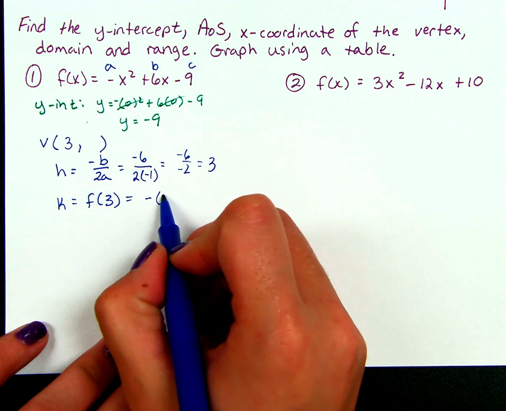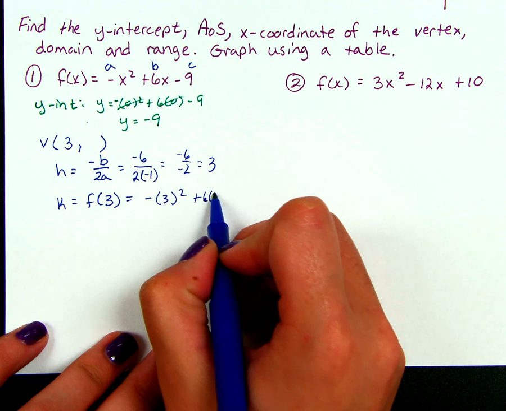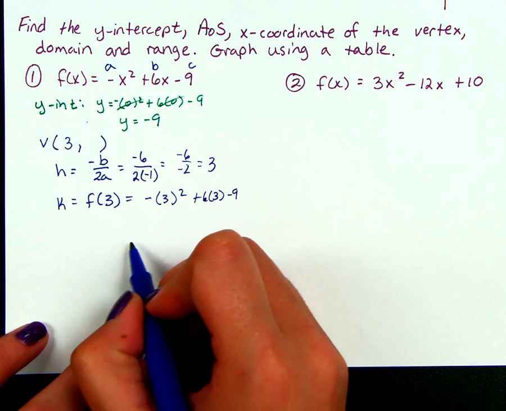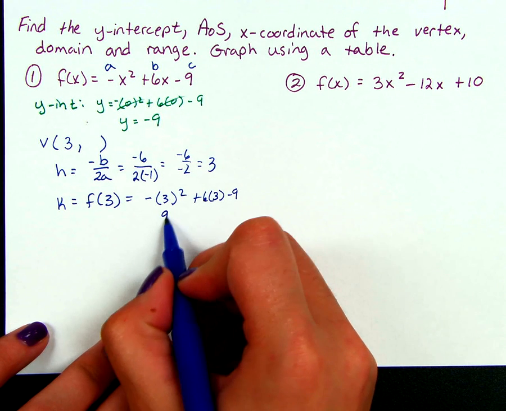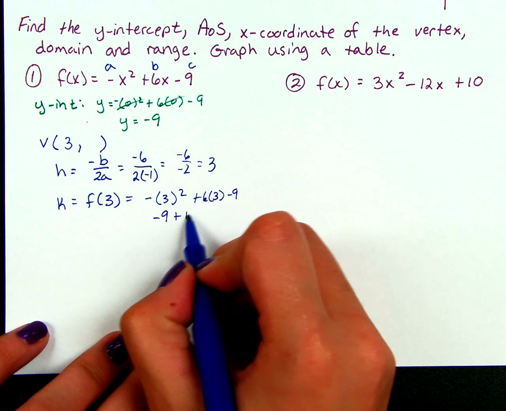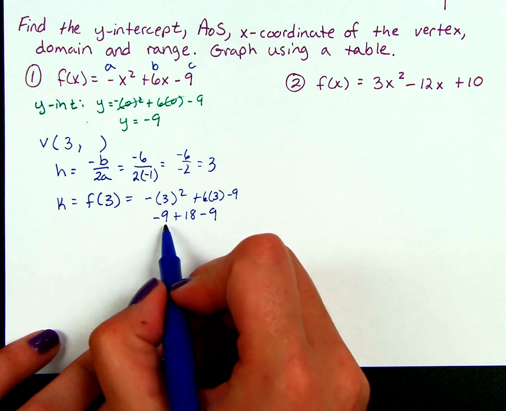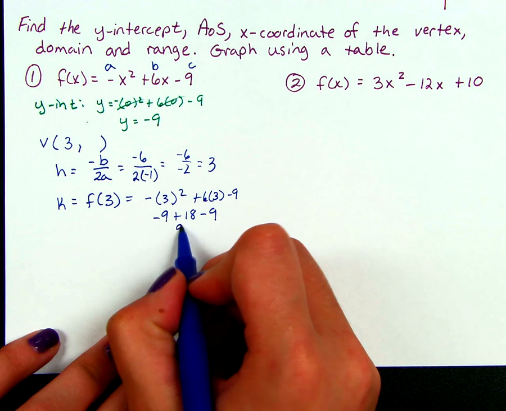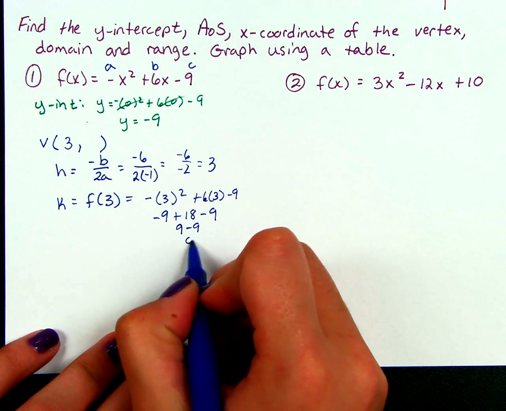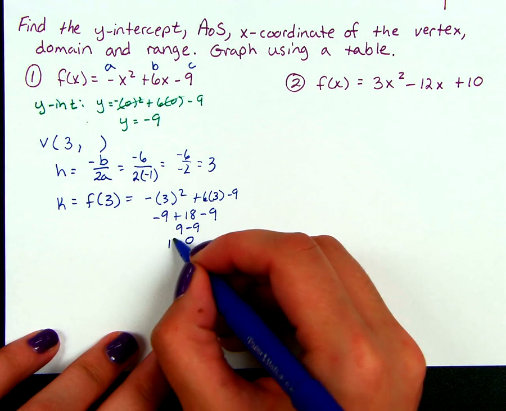So we would have negative 3 squared plus 6 times 3 minus 9. 3 squared is 9, and then it's going to be negative from the negative in front, plus 18 minus 9. So negative 9 plus 18 will be 9, and then 9 minus 9 is 0. So that is the k value of our vertex.